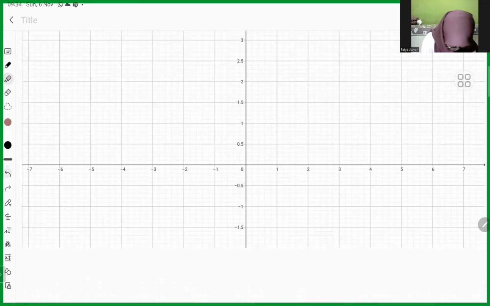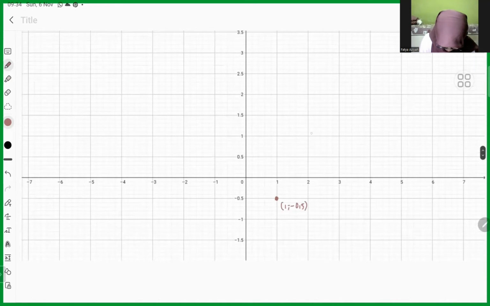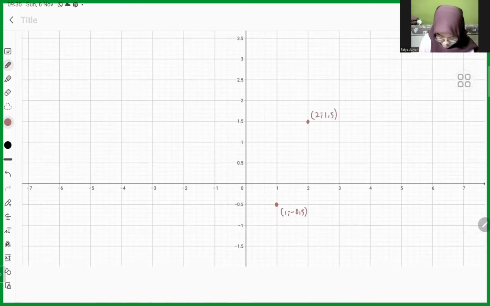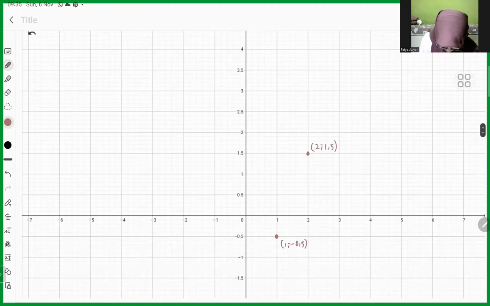So it will be here, 1, minus 0.5. Then we have 2, 1.5. Here, 2, 1.5. And 3, 3.5. Here, 3, 3.5.